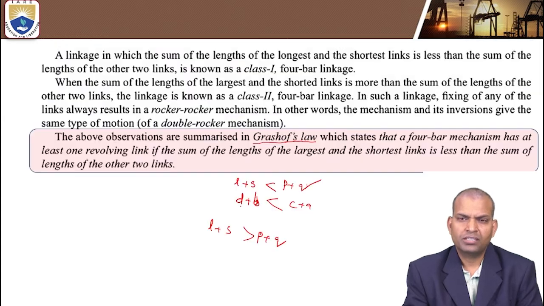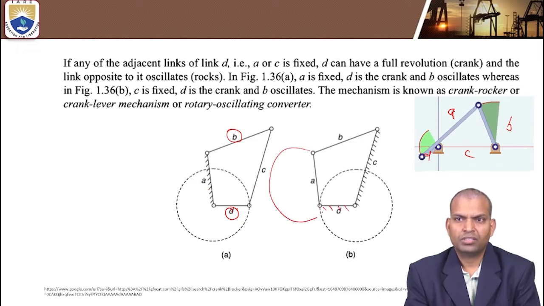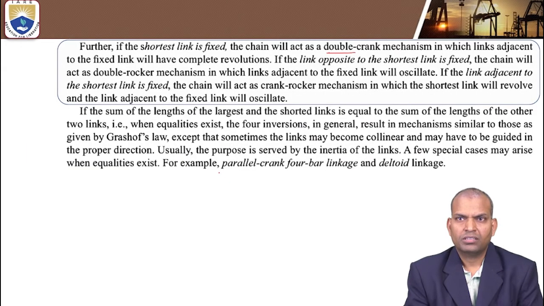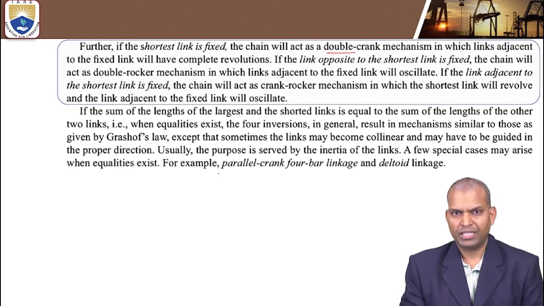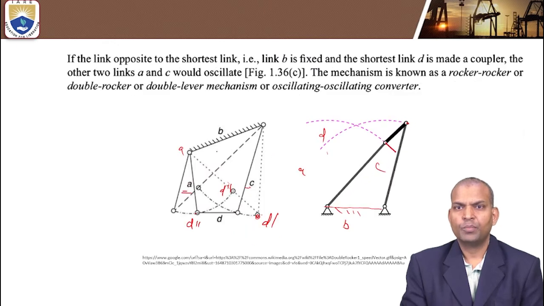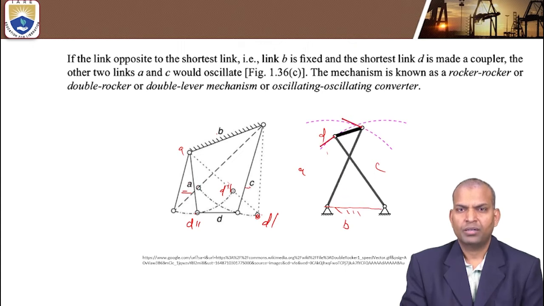That is, if D is fixed, there is complete revolution, a double crank mechanism. If the link opposite to the shortest link is fixed, which link is that? B is fixed. Opposite to the shortest link, B is fixed, then it is known as a double rocker mechanism.